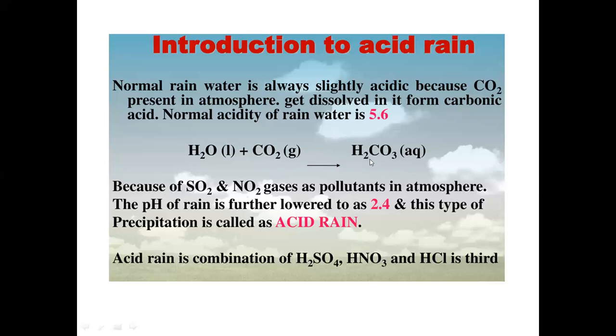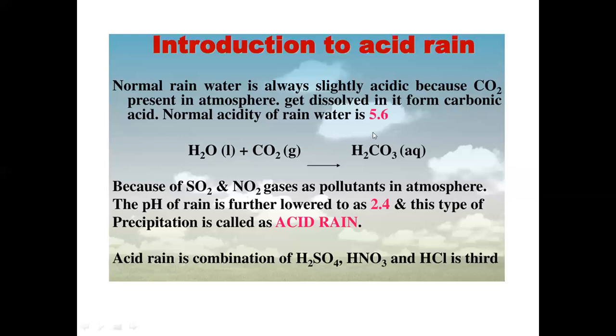All of you know this carbonic acid is a weak acid. Because of the presence of CO2 in the atmosphere, slightly dissolved in the water, normal rainwater has a pH of around 4.6. And in some textbooks and literature, you can find it is around 4.5 also.